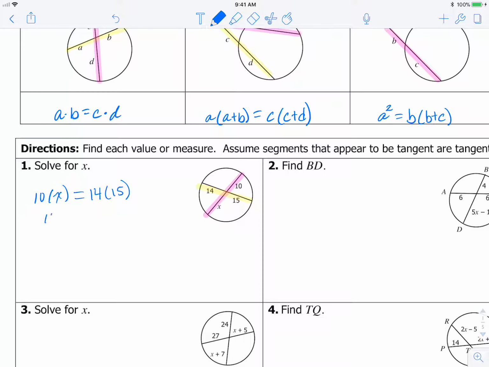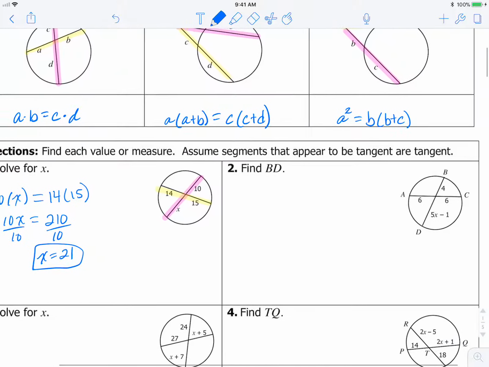So this is going to be 10x equals 14 times 15 is 210. Divide by 10, divide by 10, x equals 21. So you're just multiplying two numbers together. Solve for x.